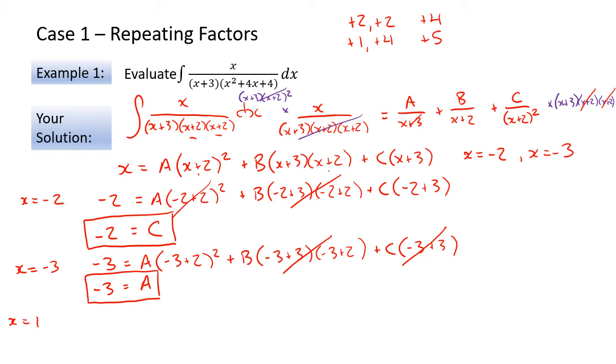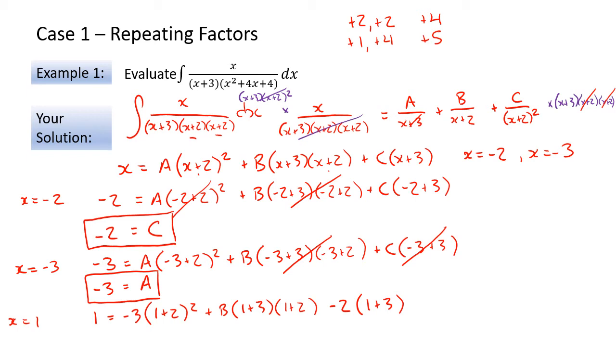Then on the left-hand side, we have 1 is equal to a, which is negative 3 times 1 plus 2 squared, plus b times, in this case, 1 plus 3 and 1 plus 2. And then we have c is negative 2, so minus 2 times 1 plus 3.